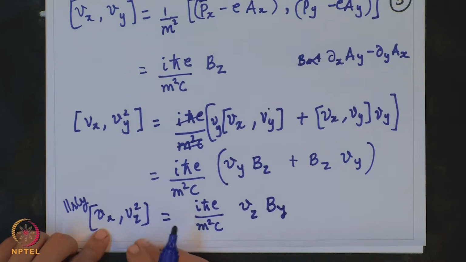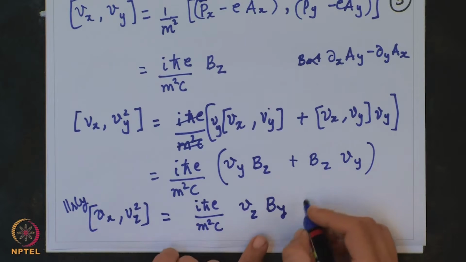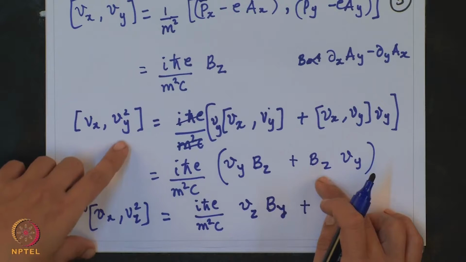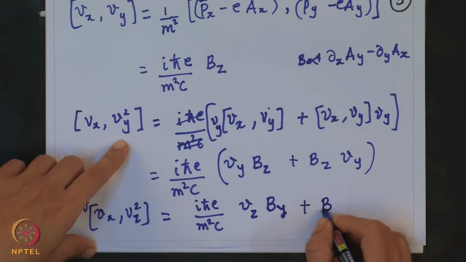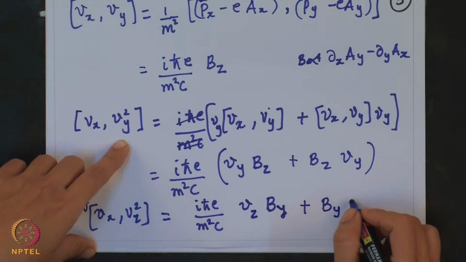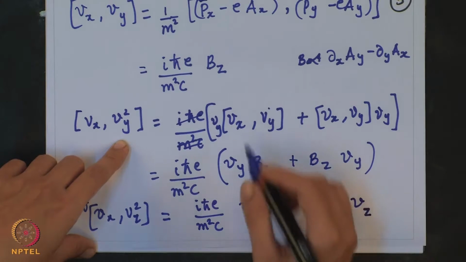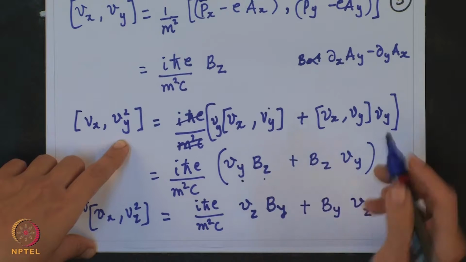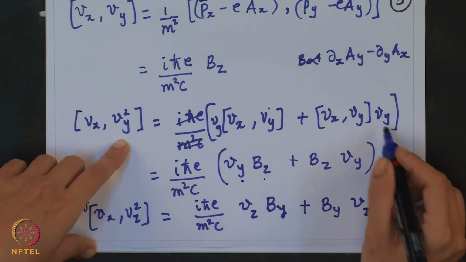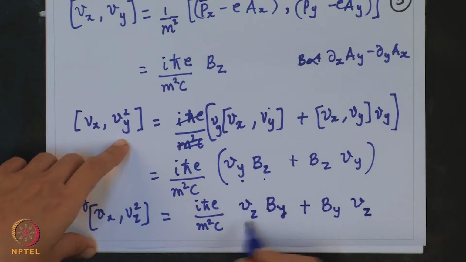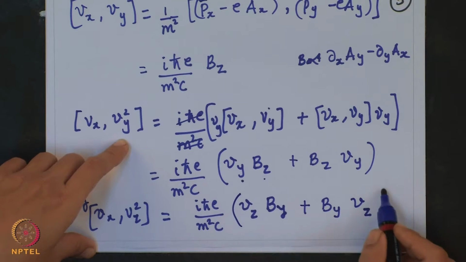So, here I have z, and now I will have y, B_y V_z. So, this will give me V_y B_z and this will give me B_z V_y, correct. Similarly, you will have a swapped term.